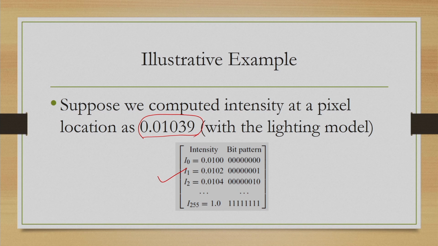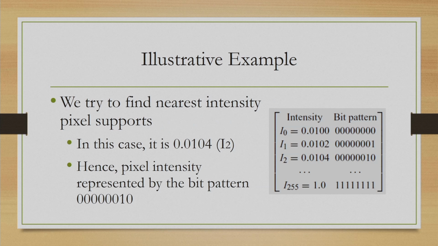So, as per the algorithm, what should we do? We try to find out the nearest intensity value that the pixel supports. So, in this case that is I2 or 0.104, and the bit pattern corresponding to I2 is this one. So, we store this bit pattern at the corresponding frame buffer location.